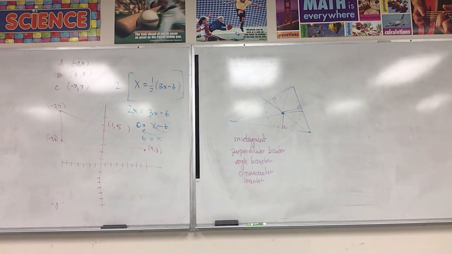So how far is L from HK? 27. How far is L from HF? 27. Number 13, how is HL related to angle KHF? Kiara? It is the angle bisector.